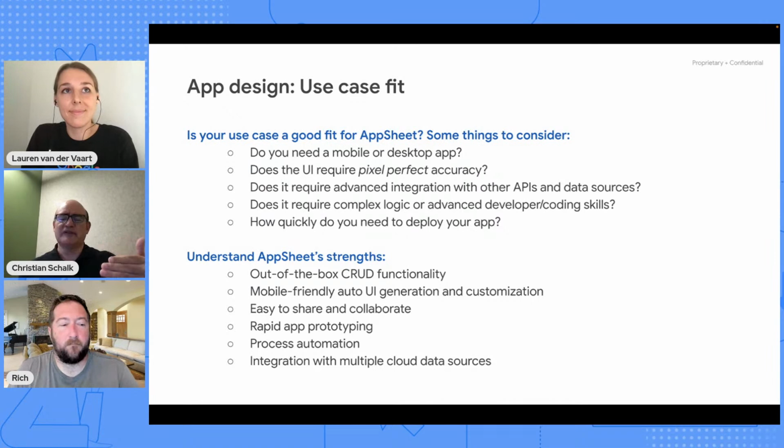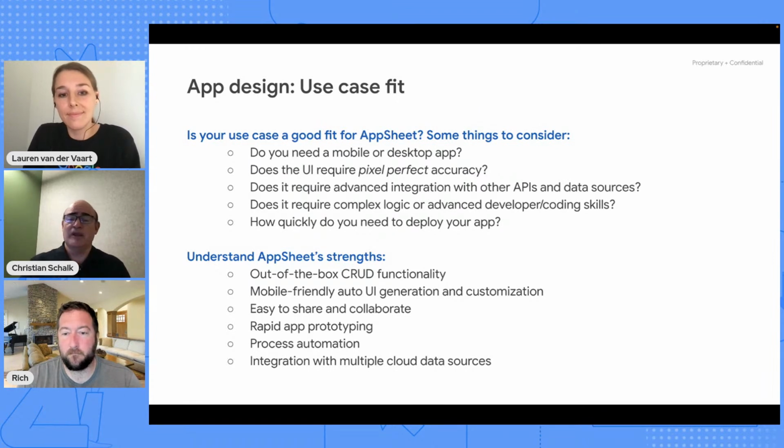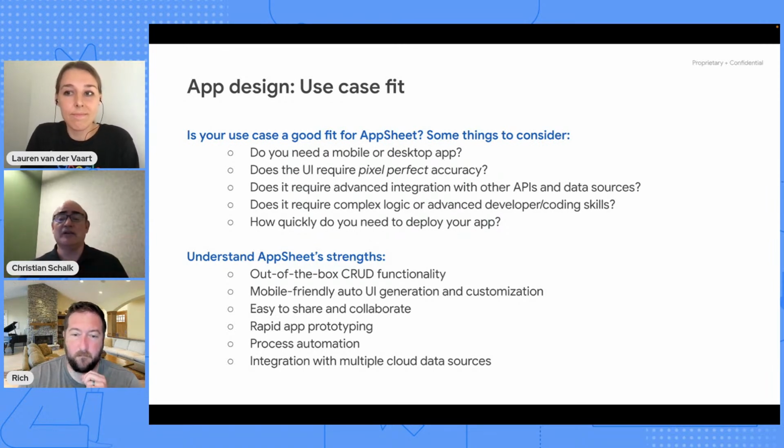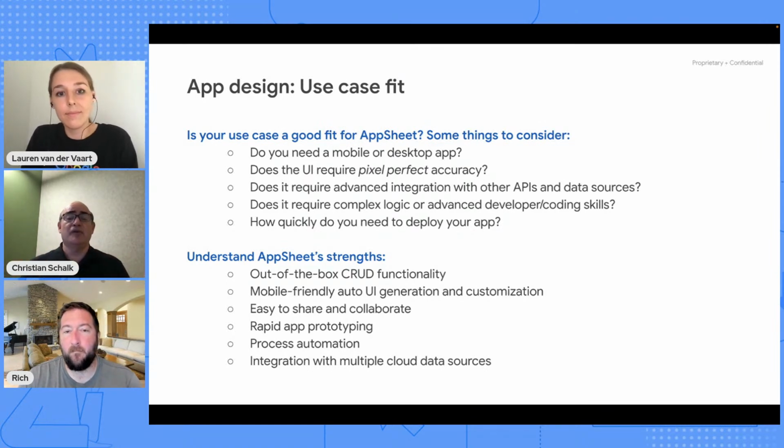AppSheet in general focuses on the core data sources, essentially a very rich list of cloud-based data sources that you can connect to, whether it's a Google Sheet, an Office Excel sheet, or even SQL databases like Cloud SQL or BigQuery. So you've got a rich palette to choose from. But if you have some very custom data sources that you want to connect to, then you may not quite be able to span the gap.